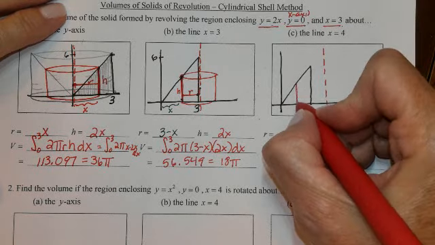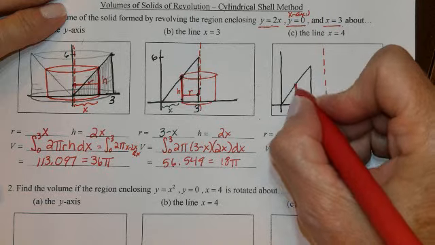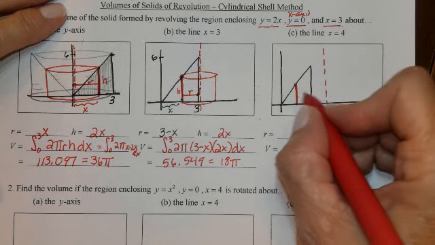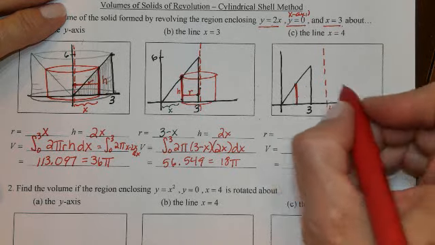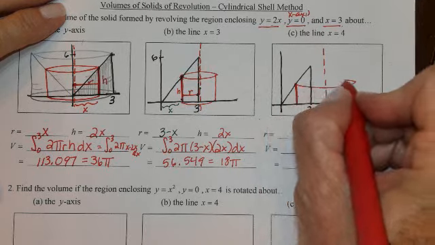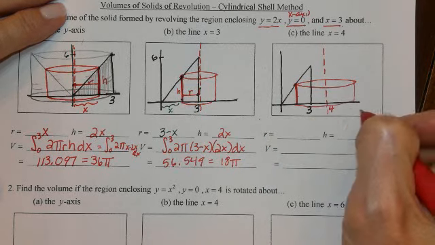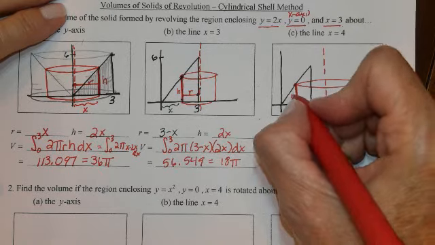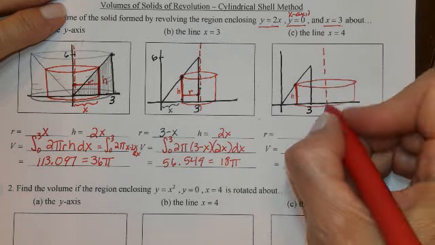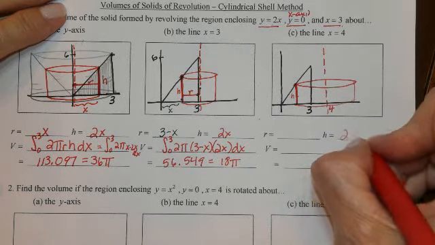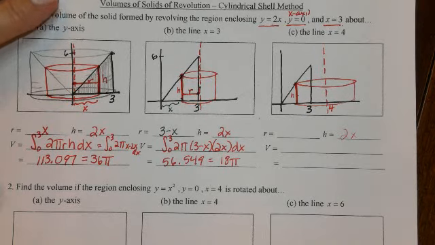Here's my slice. It's going to be parallel this time to the axis of revolution. And now make your cylinder around your axis of revolution. Here's the height. There's the height. The height is still 2x. Okay?